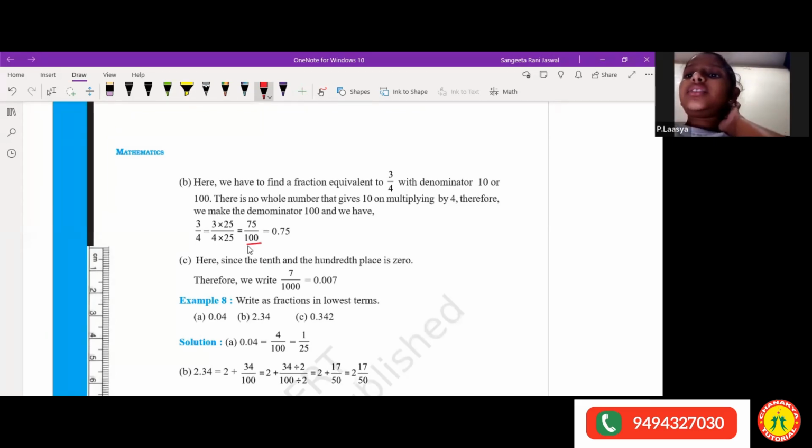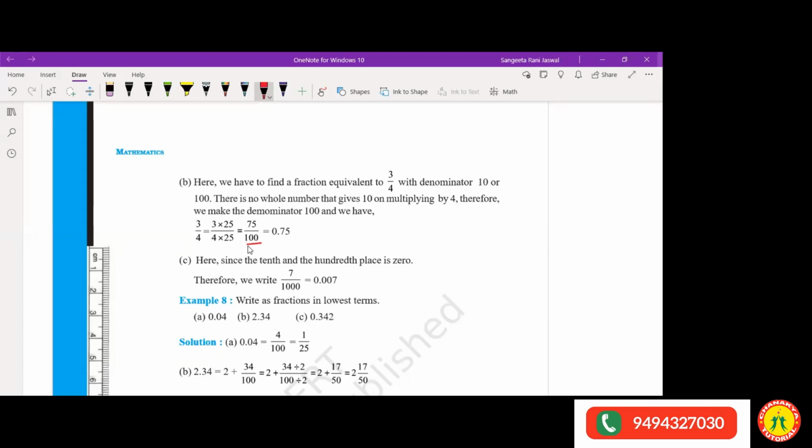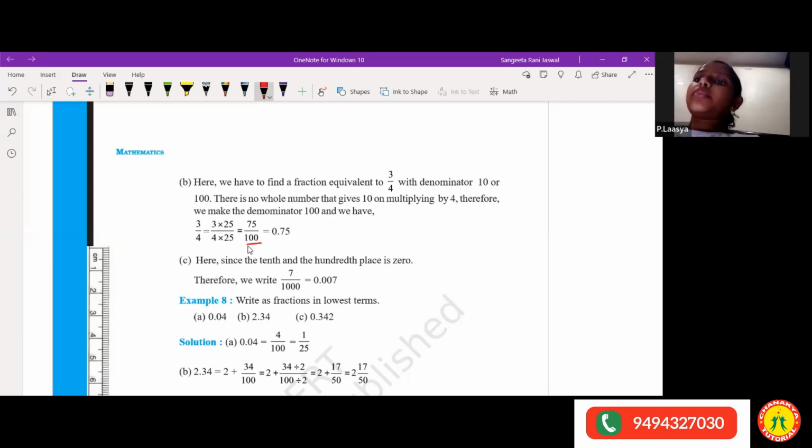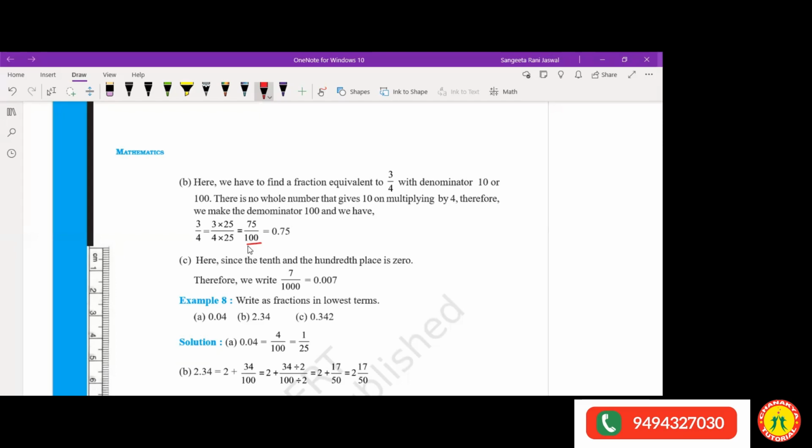I'm getting a doubt why we have to multiply with 25 only. So that we get 100 here, a number in the denominator by which it is easy to put a decimal point. We have to get the denominator as 100.